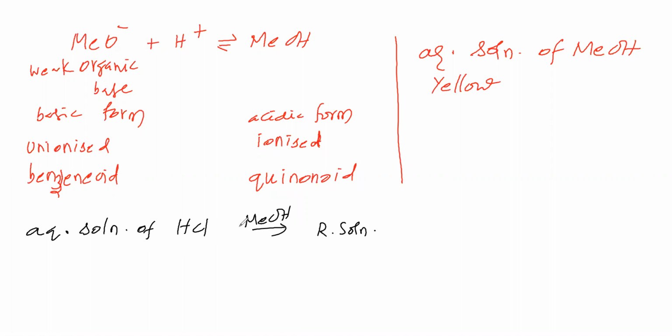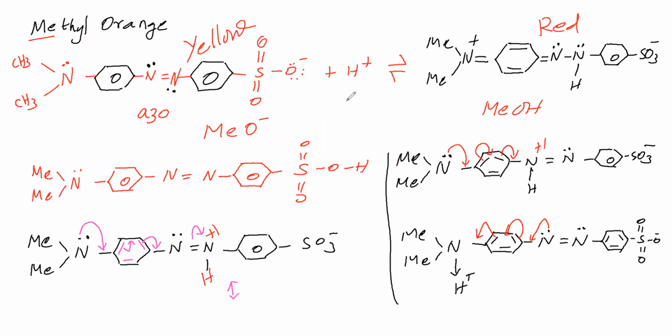That we'll see. So this methyl orange is a weak organic base. If this methyl orange is a weak organic base, and you are adding acid into this, what will happen? You are adding acid, so concentration of H plus will be high, isn't it?